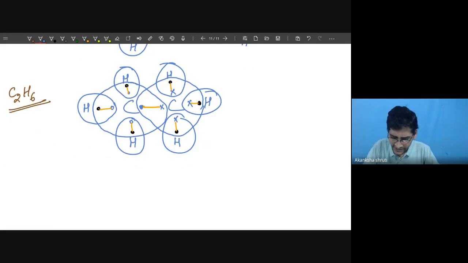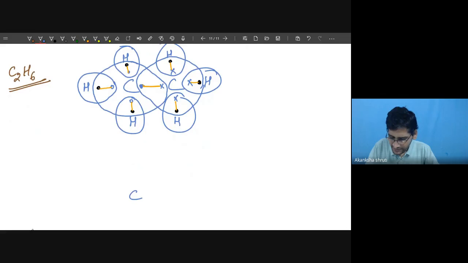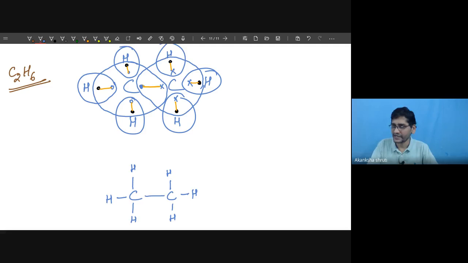Between the 2 carbons there is only 1 electron pair, so draw this one bond. For the hydrogen, a single bond, so draw like this. Hydrogen and hydrogen also for the second carbon.